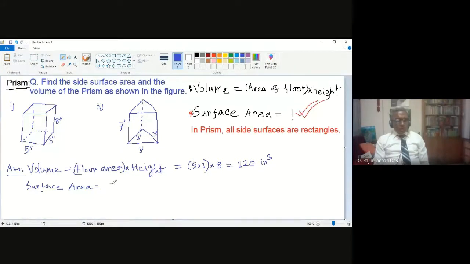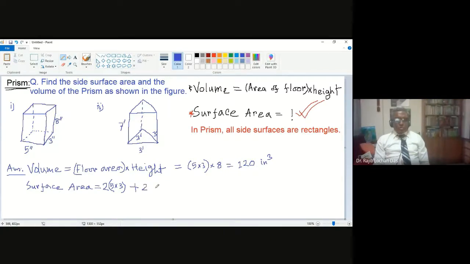Bottom will be 5 into 3, right? So how many 5 into 3 you have? 2. So 2 into 5 into 3. Why 2? Because one is the top and one is the bottom. Is that okay? Clear? Then plus.